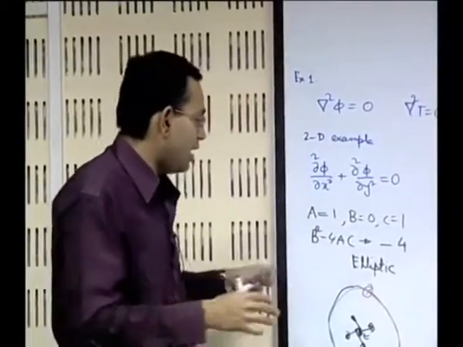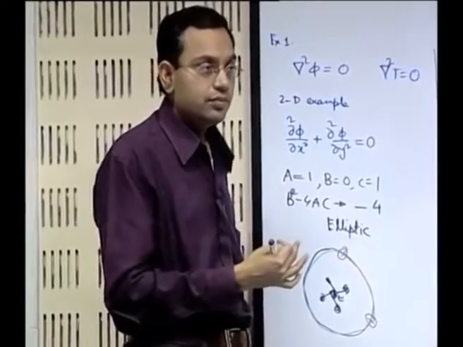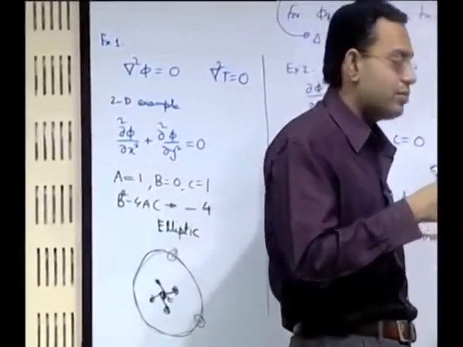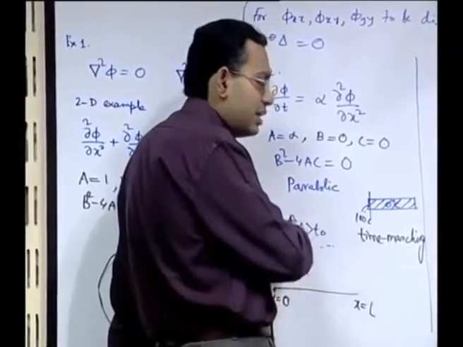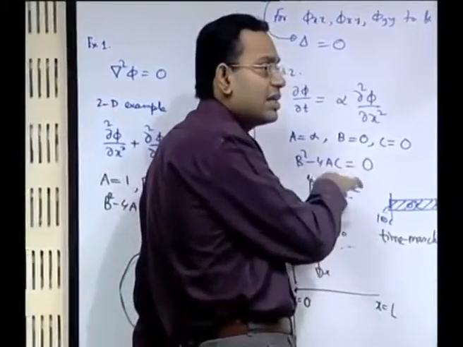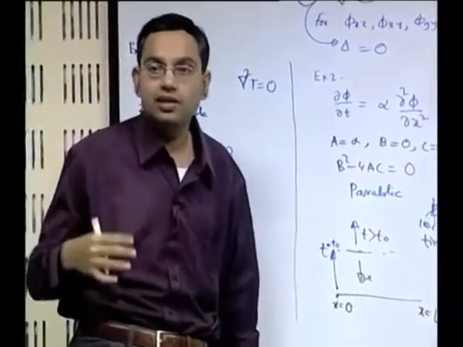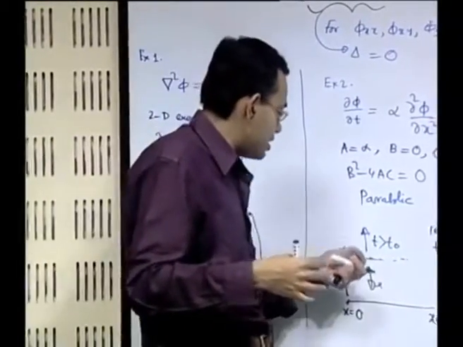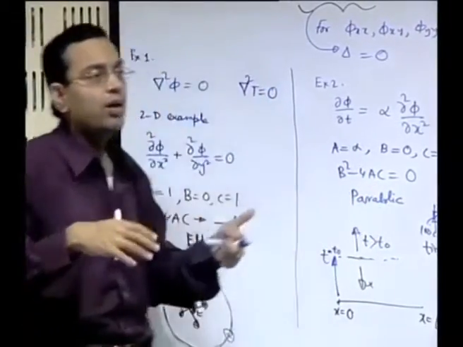Like in this elliptic problem, the entire domain is the domain of influence, whereas when you have a time marching problem, t equal to t0 is the time at which the disturbance is imposed, and t greater than t0 will signify the domain over which this influence will be felt. Any event at t less than t0 will be the domain of disturbance.